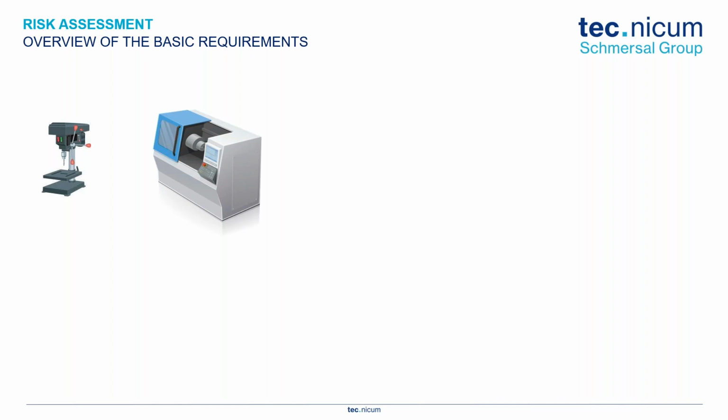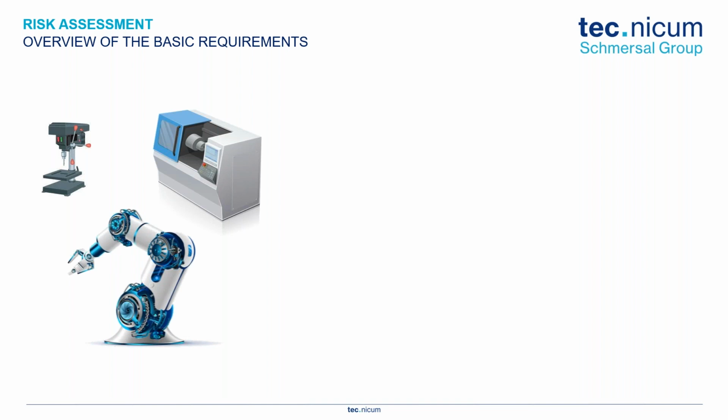And how do you feel about doing that type of assessment? And let's take it up even further and look at an industrial robot. Right now, we're looking at hazards that can cause a fatality. So now, do you feel comfortable doing a risk assessment where we're looking at hazards that can potentially take someone's life?